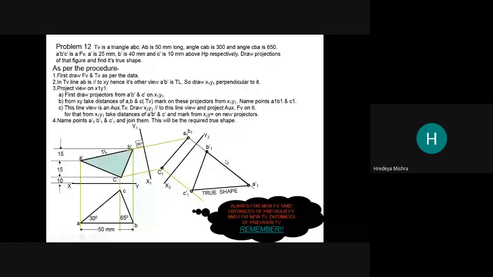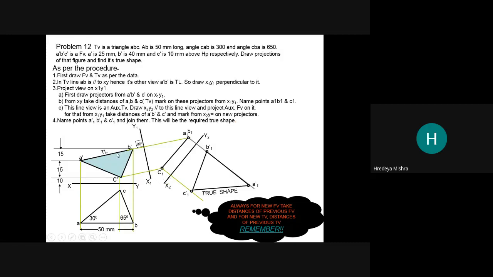So what is new here? Always for new front view, take distance from previous front view. Whatever you take from the previous front view, you get the true length here.